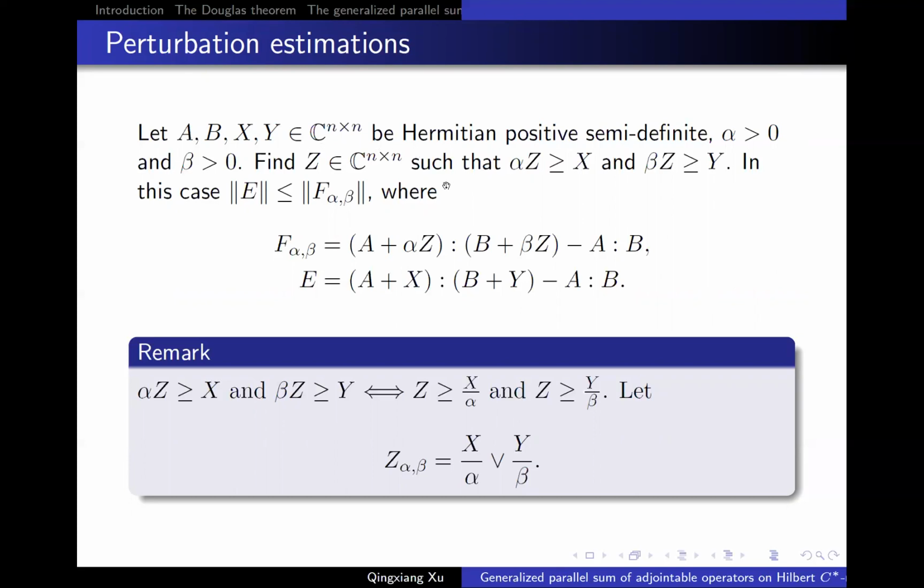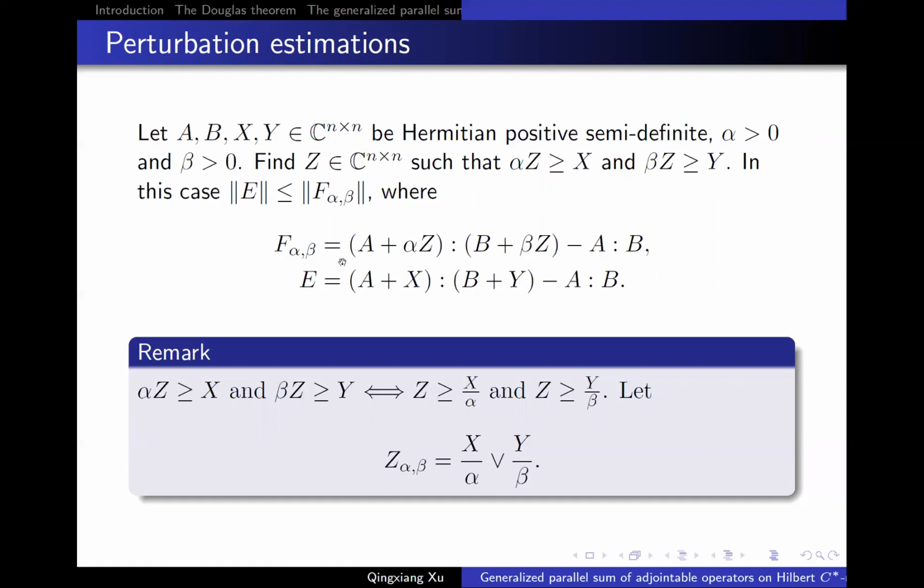One idea to construct a bound of E is this: if alpha and beta are positive and given, then we want to find another positive matrix Z such that alpha Z is greater than or equal to X, and beta Z is also greater than or equal to Y. Because if such Z exists, then we can introduce this matrix.